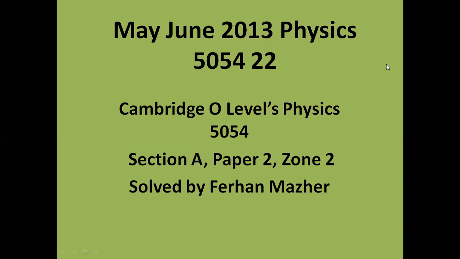So today we have attempted May June 2013 Physics 5054/22 paper, and in this session we have done the section A of this paper. The section B of this paper I will do in another video, in another session. Soon I will upload that also.